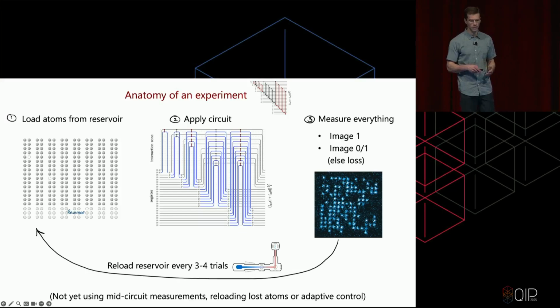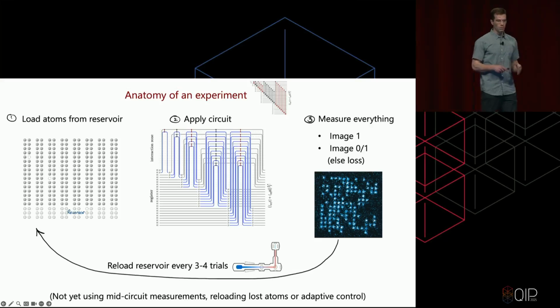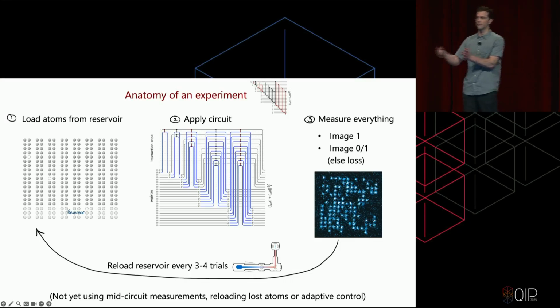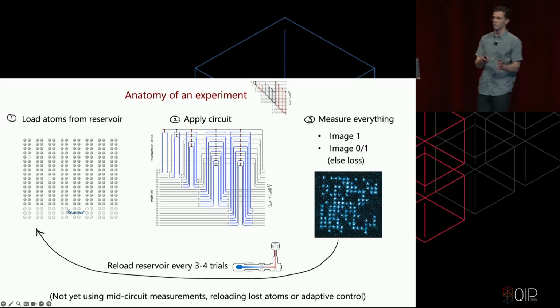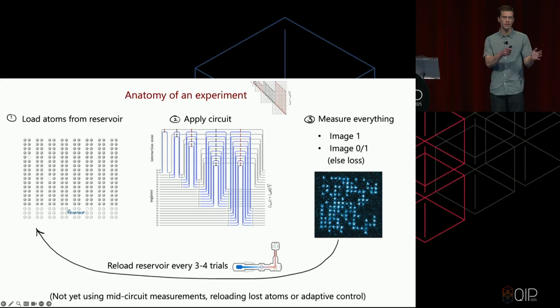So just notice a couple of things that are not here. These are features that are being added right now: mid-circuit measurements. Right now, in these experiments that I'm talking about, all the measurements are being done at the very end, not in the middle. Reloading is happening only between experiments and not during an experiment.